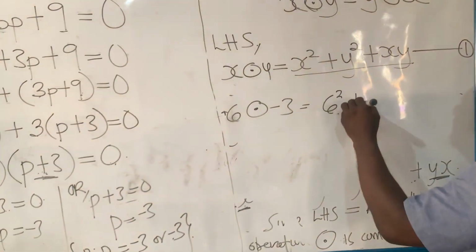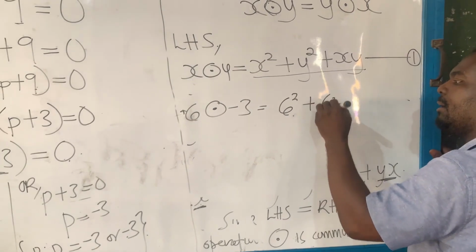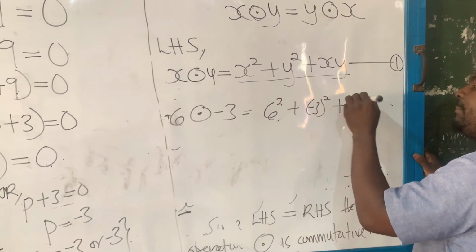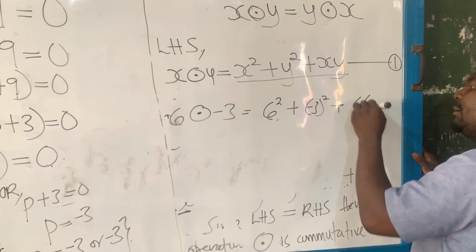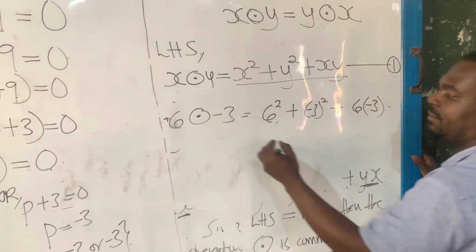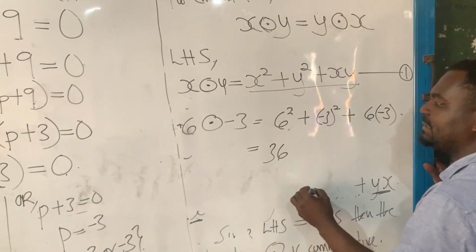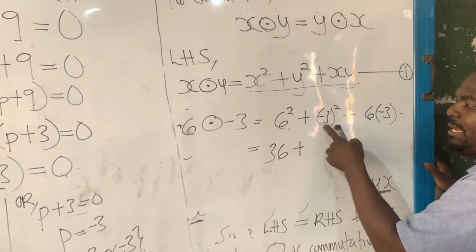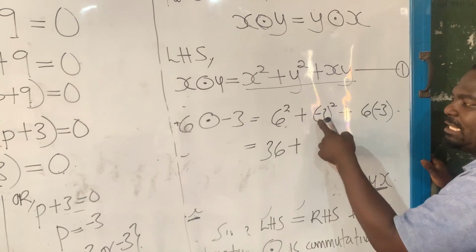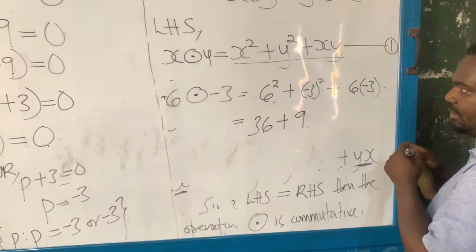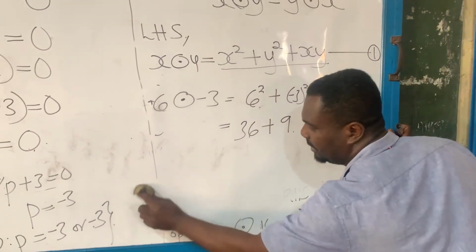Let me put this into this, to see whether I'm going to get the 27 here. 6 squared plus 6 times -3. Let me simplify this. 6 squared will give me 36. For this one, open the bracket, -3 all squared will give you 9.